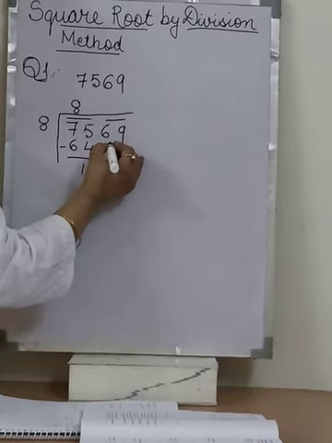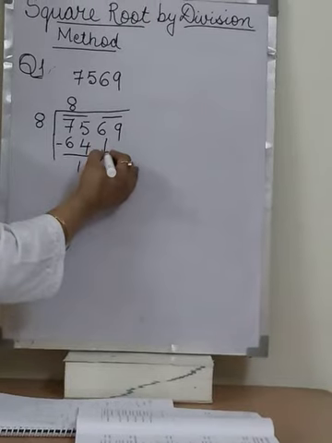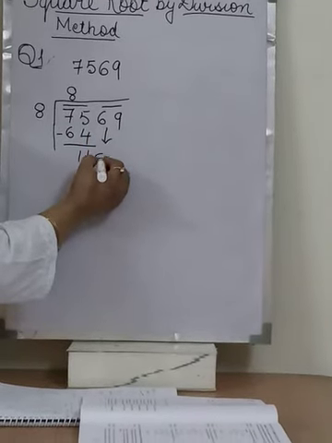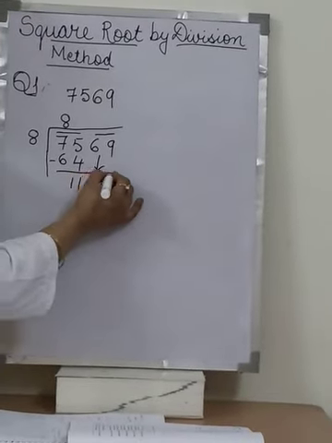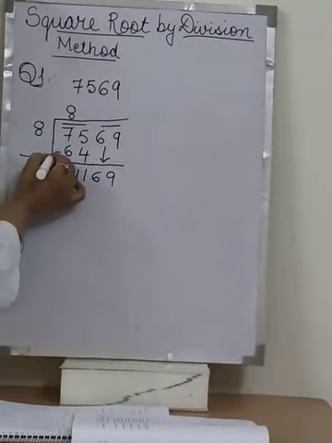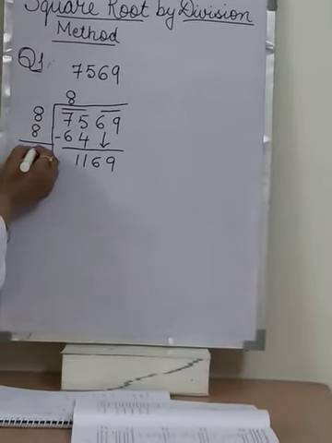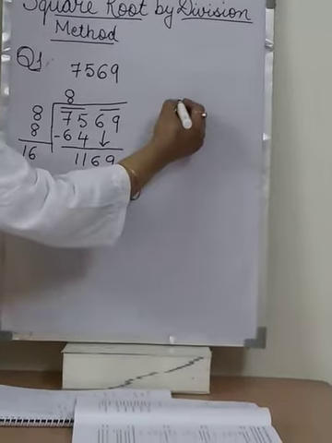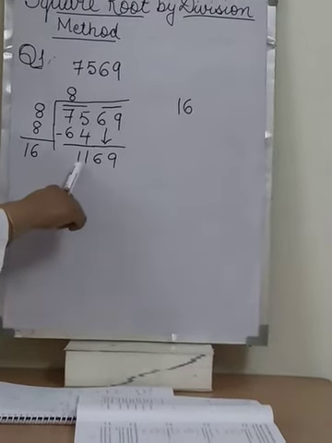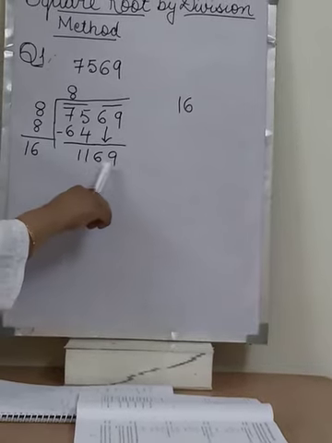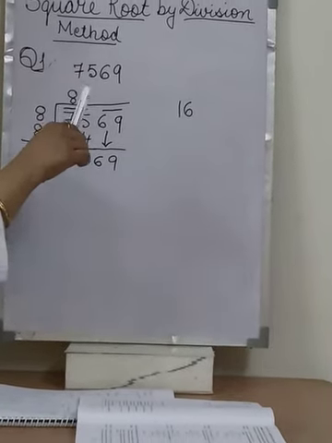Now we write the new dividend by copying the other pair to it. So what is the new dividend? It is 1169. Now we look for a new divisor. So we add 8 to it. That becomes 16. Now we have to place any one number in front of 16 so that we reach near 1169, or we reach exactly 1169.